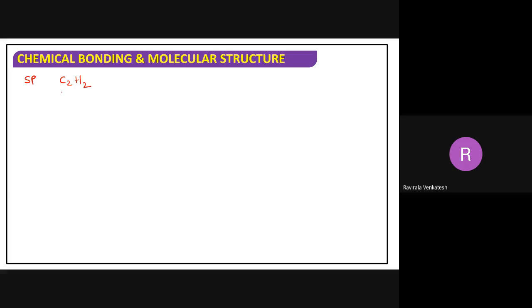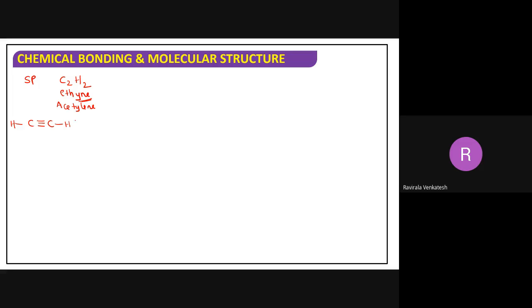It is called ethyne, also called acetylene. Why? Because when you have one pi bond, it is ethene; when you have two pi bonds, it is ethyne. It looks like this: C triple bond C with an H on each side. There are two pi bonds.